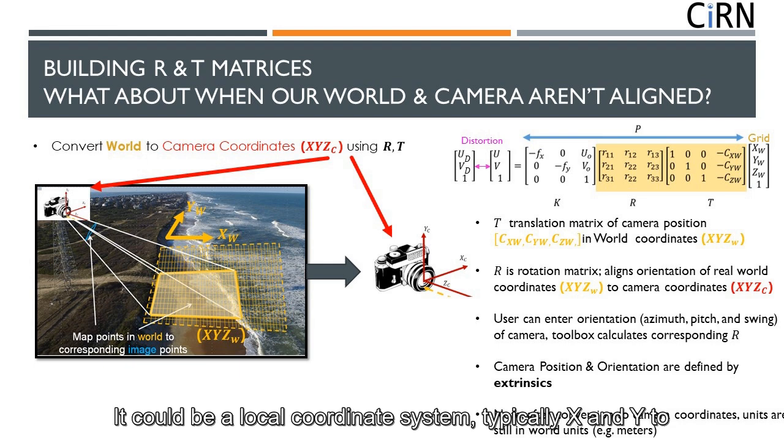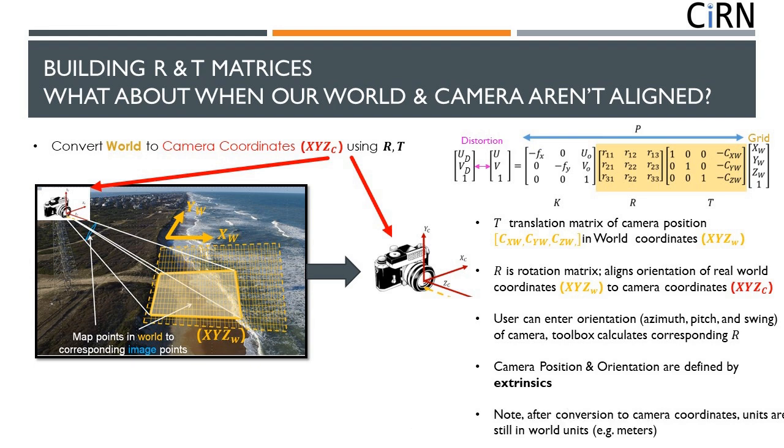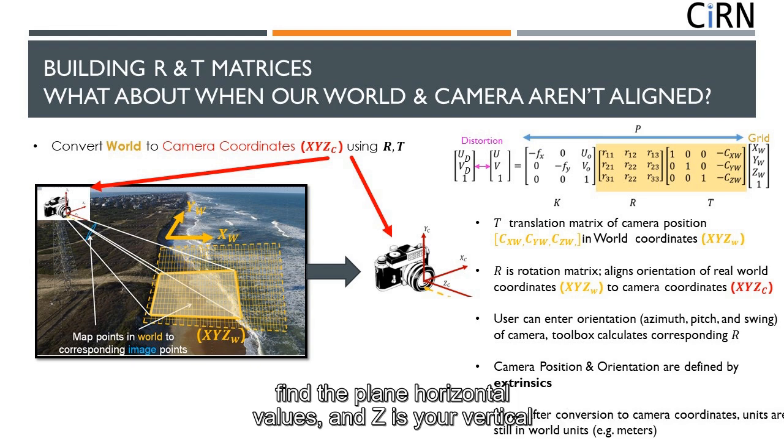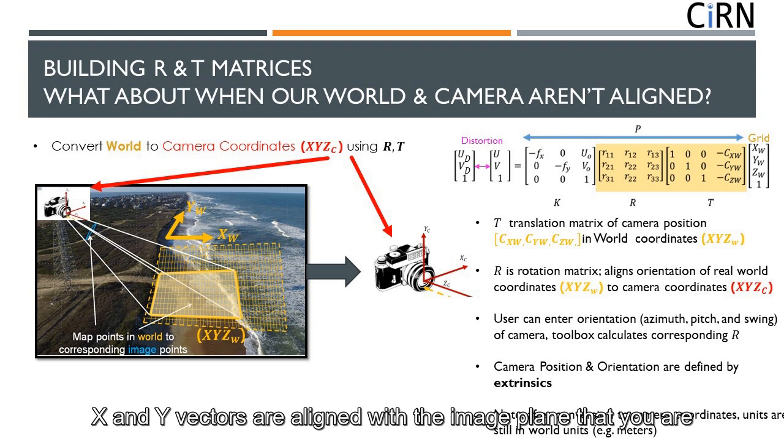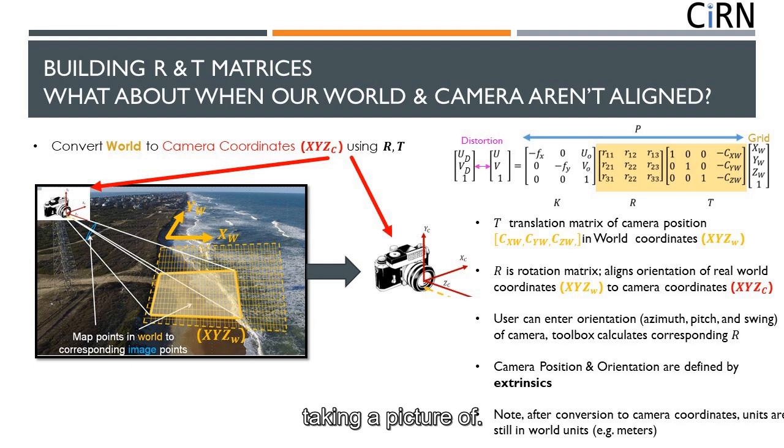It could be a local coordinate system, typically X and Y to define the plane horizontal values, and Z is your vertical elevations. And then in your camera coordinate system, typically that's rotated such that Z is looking down camera and your X and Y vectors are aligned with the image plane that you are taking a picture of.